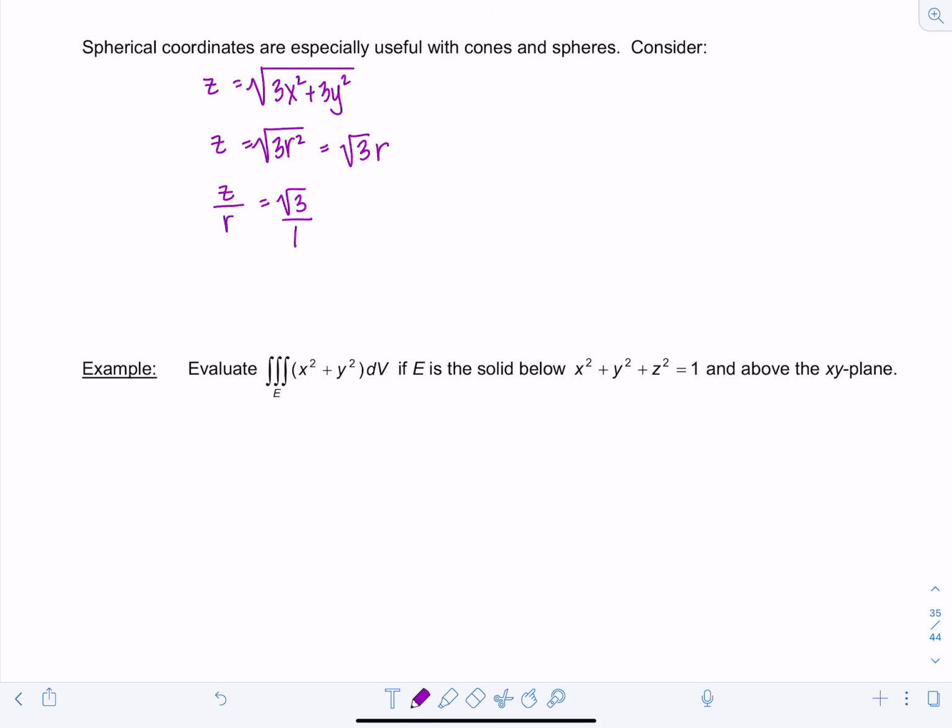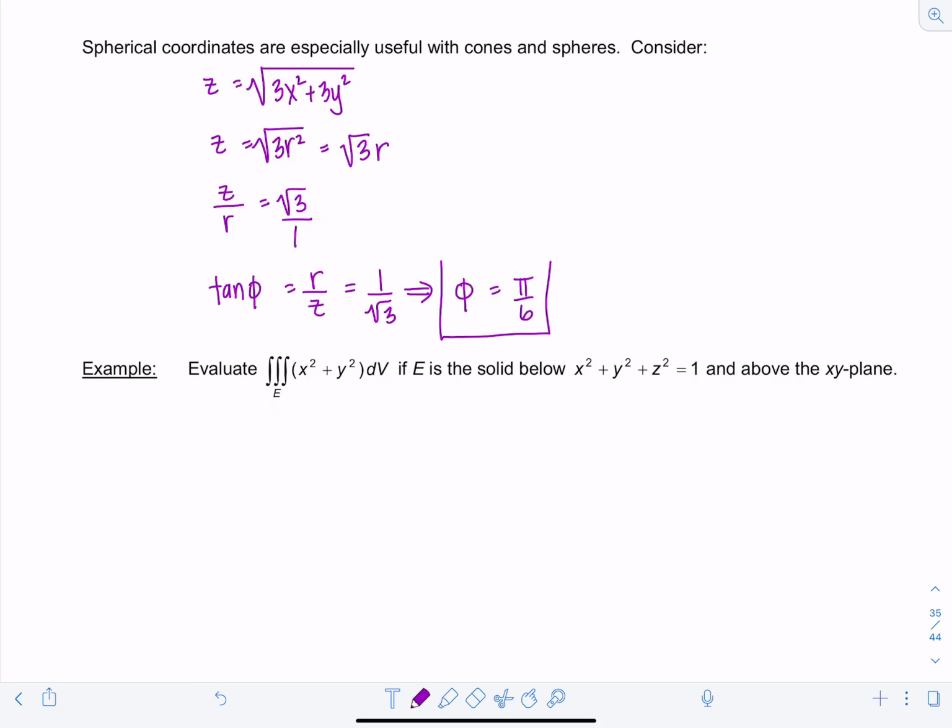And I mentioned before, if you imagine that right triangle that I first showed you when we were converting to spherical, that tangent of phi is also equal to r divided by z. So since that ratio is constant, tangent of phi is fixed at 1 over rad 3. So the angle is fixed. Phi is fixed. Phi is equal to pi over 6.